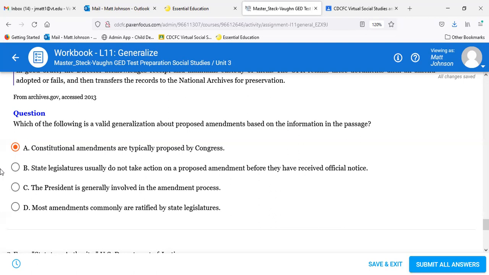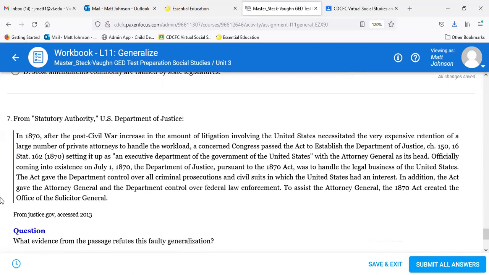And then most amendments commonly, so commonly, generally, usually, typically, right? Those are the words that you're looking for. In this case, you have to think about what you read, and what it's saying is they have typically been proposed by Congress. That is an accurate generalization. So A for number 6.